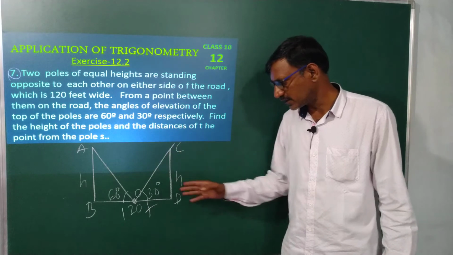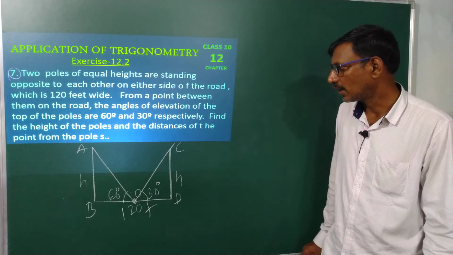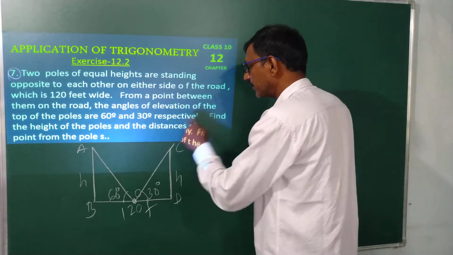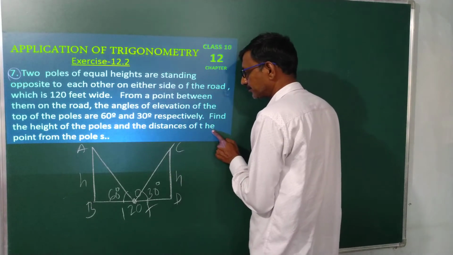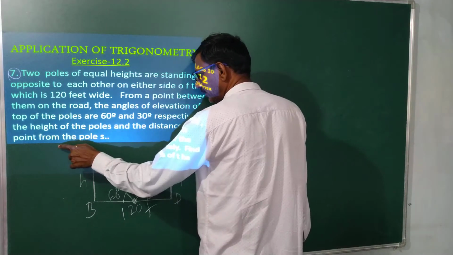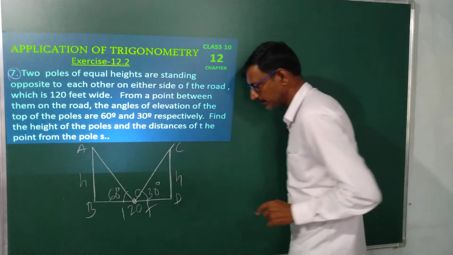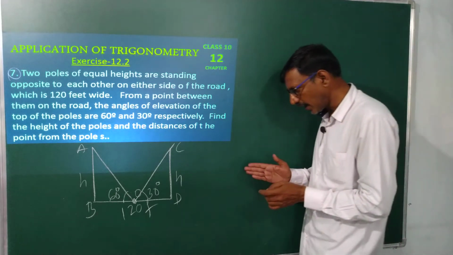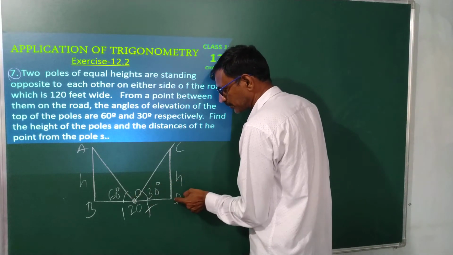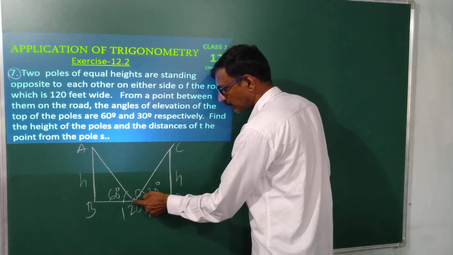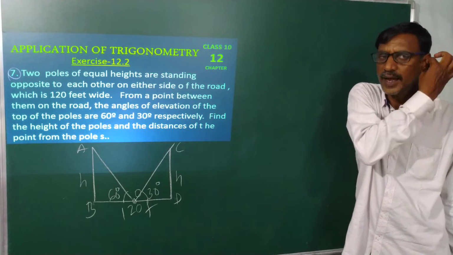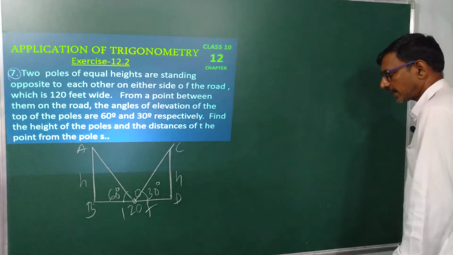This is H and this is H. And also we have to find the distance from the point to the poles, from this to this and this to this. That's all. Clear?